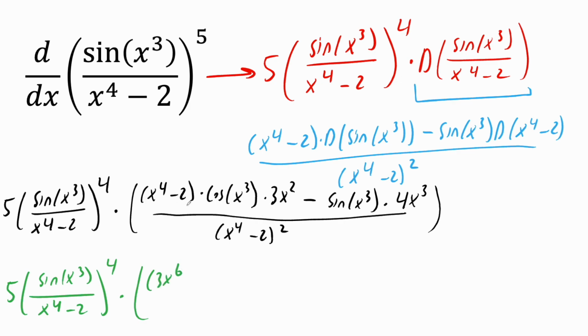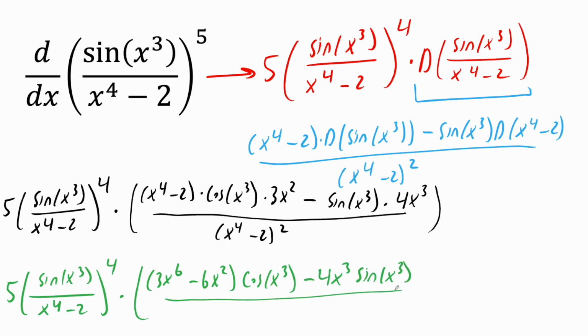And 3x squared times negative 2 is going to give us negative 6x squared. Close it. We still have this cosine piece. So cosine(x raised to 3). Close it. Then we have negative 4x cubed sine x cubed. So we can just kind of rewrite it where we have the coefficient in the front. Divided by our denominator. So we have x raised to 4 minus 2, close it, squared.